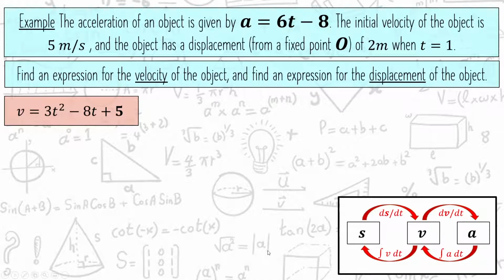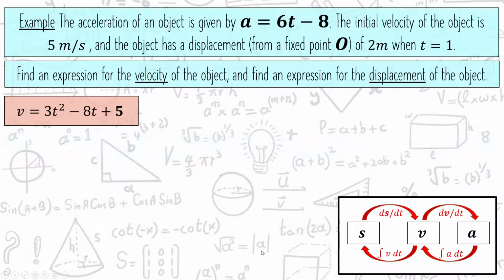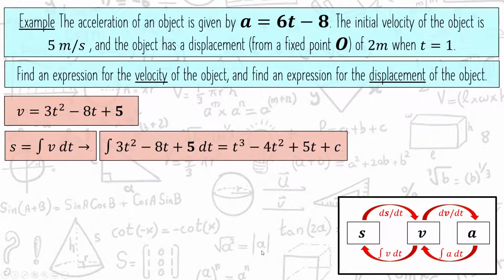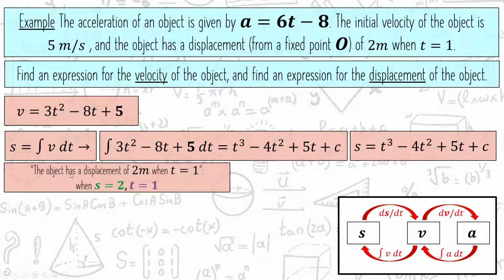If I repeat the process one more time, I'll be able to get the displacement. We're going to integrate once more. So in this instance, if I integrate 3t squared take away 8t plus 5, I'm going to get t cubed take away 4t squared plus 5t plus another constant. And this time I'm going to look at the information about the displacement. It tells me that I'm 2 meters away from my fixed point when t is 1.